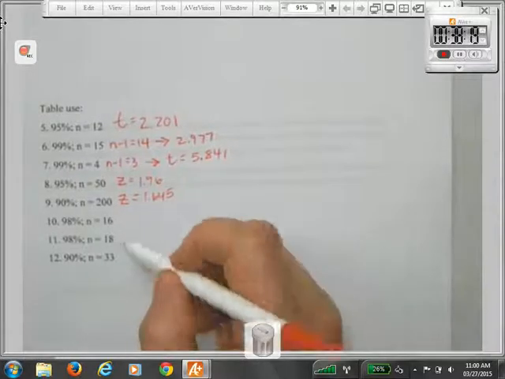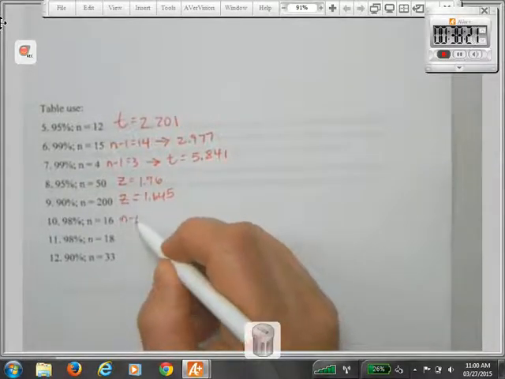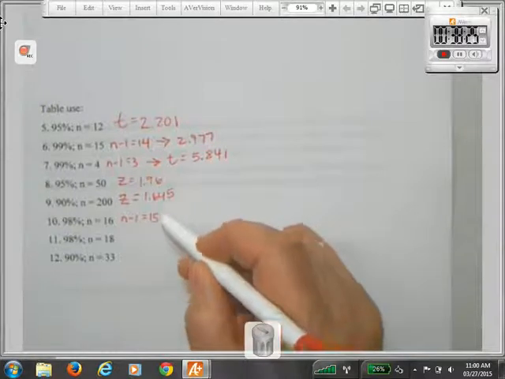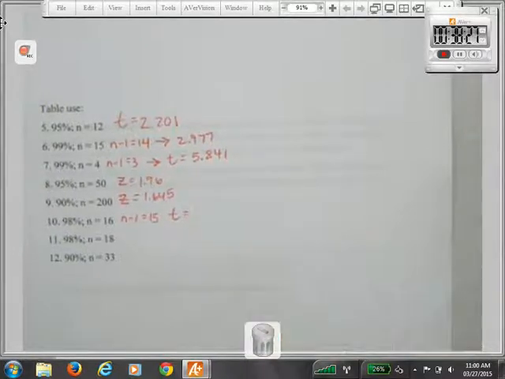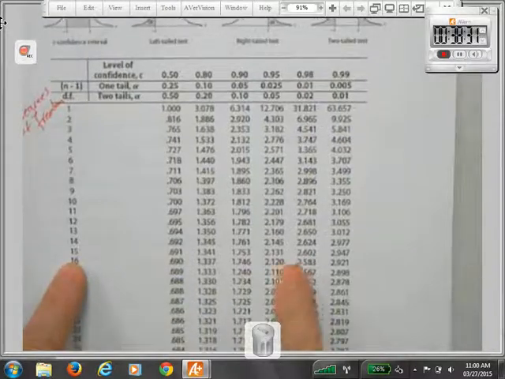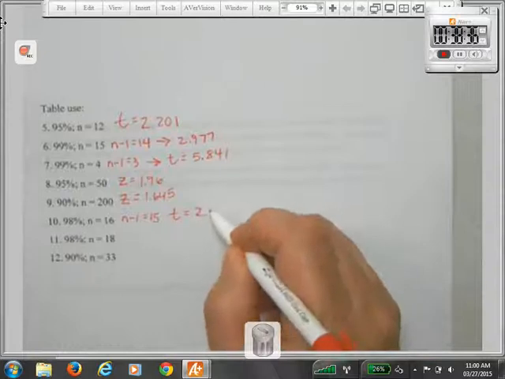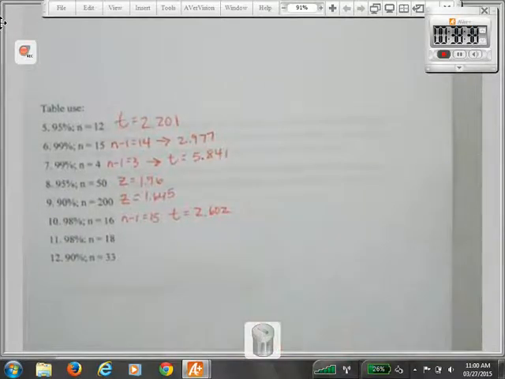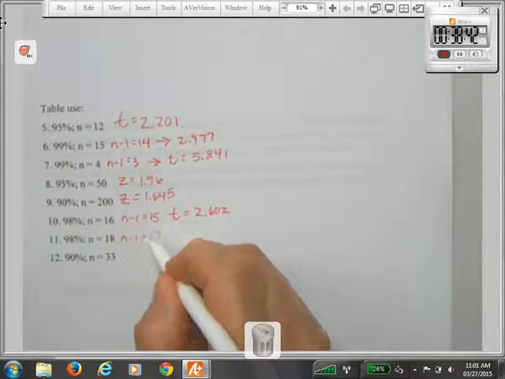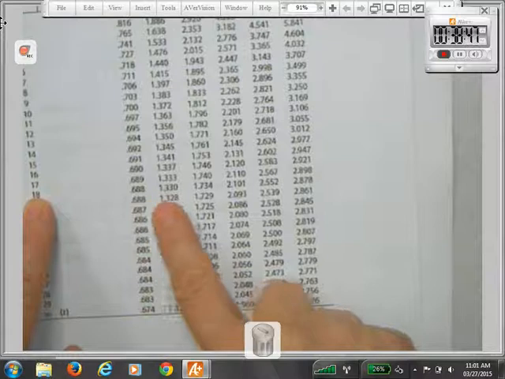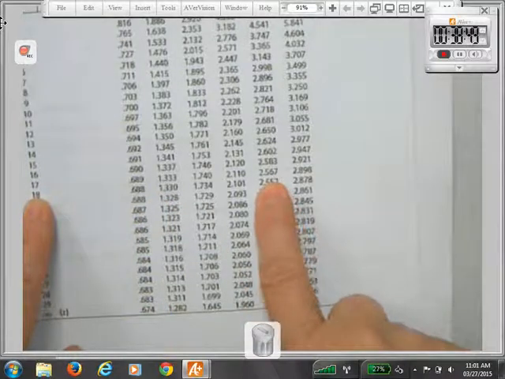All right, a couple of 98%. N minus 1 equals 15. So this is definitely a t. We go to row 15 under 98%: 2.602. And then again with the 98% at row 17: 2.567.